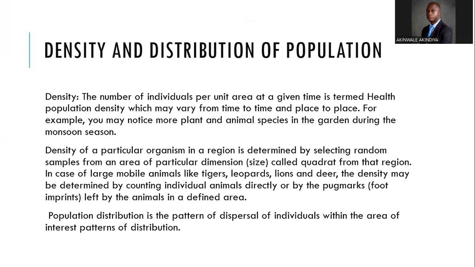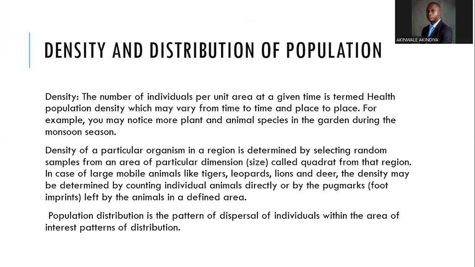In the case of large mobile animals like tigers, leopards, lions, and deer, the density may be determined by counting individual animals directly or by the pug marks, that is the footprints left by the animals in a defined area. Now, in developed countries, they tag them, so they can sedate the animal and put an electronic tag on them. That's also one of the ways they are tracking population density now.